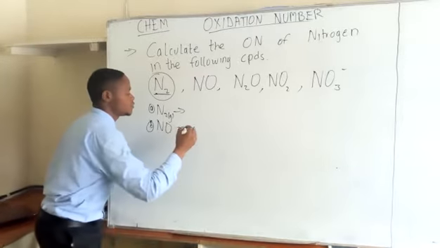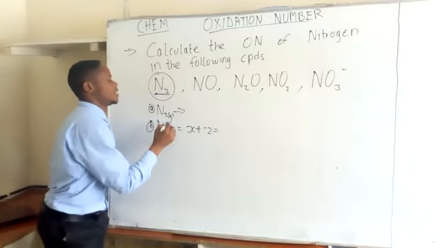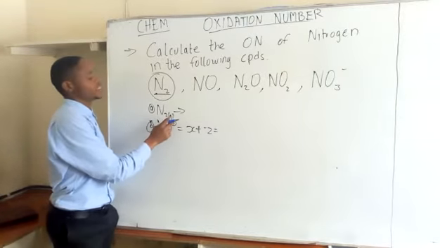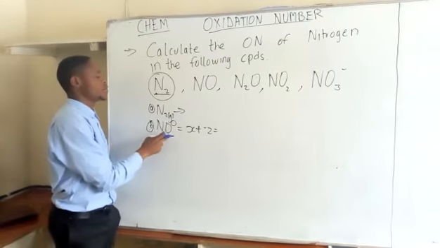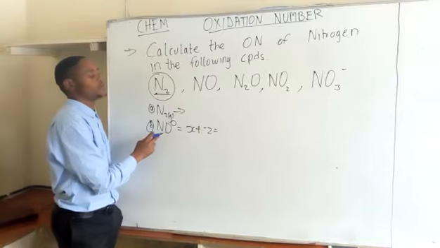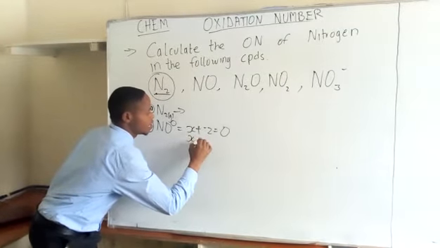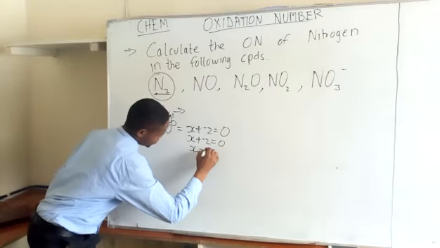Because this is a neutral compound, the charge is 0, so the sum of the oxidation numbers of the two atoms should add up to 0. So X plus -2 is equal to 0.